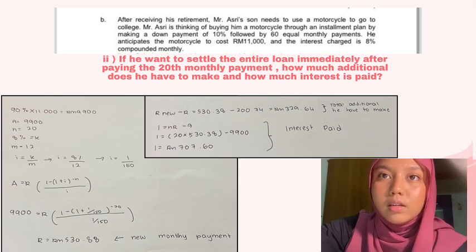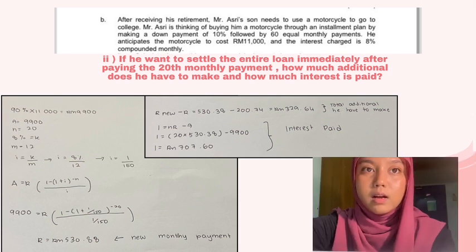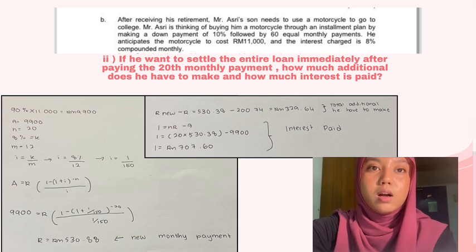A is 9,900, n is 20, k is 8%, m is 12. i equals k over m, i equals 8% over 12, i equals 1 over 150. A equals R, 1 minus 1 plus i to the negative n, divided by i.